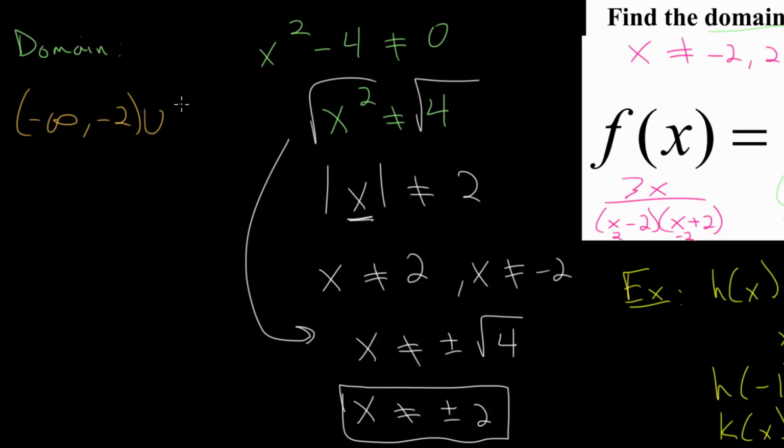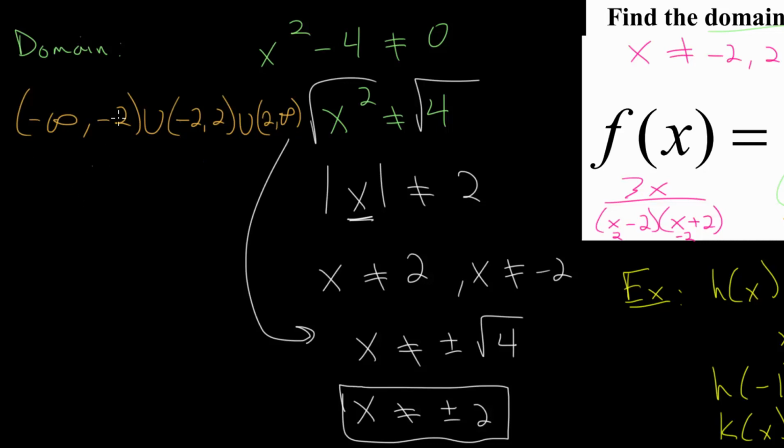We use a union to add on our next set of numbers where the domain is valid, and that would be from negative 2 to 2. Again, we're not including those endpoints. If we use a bracket, that would mean that the endpoints are included. And we use another union to indicate our last set of numbers that work, that go from 2 to positive infinity. So this is our interval notation, and we could use inequality notation as well.